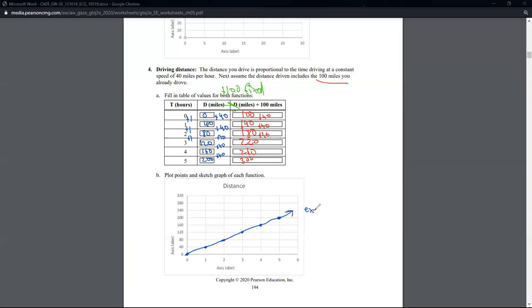So this excludes the 100 miles driven initially. Then in red, what we're going to notice is we're just going to take this blue thing and we're going to lift it up exactly what that extra mileage was, that extra 100 miles. So that's a height of 100, then 140, 180, 220, 260, 300.